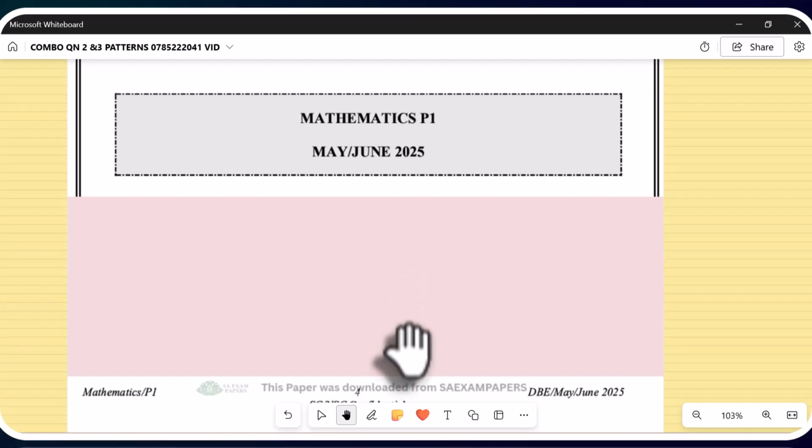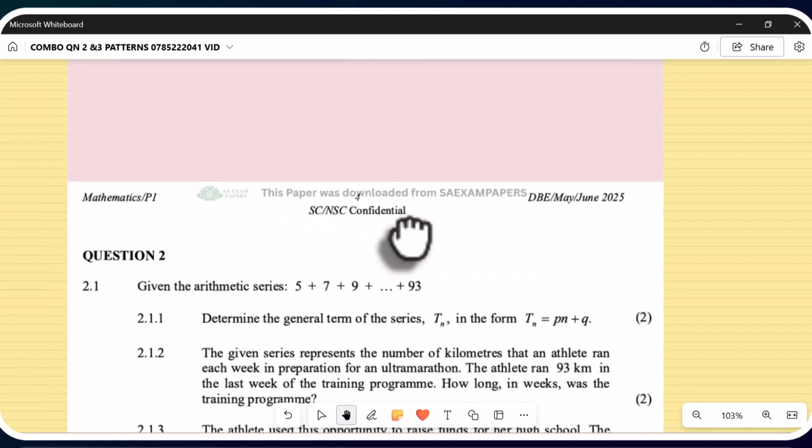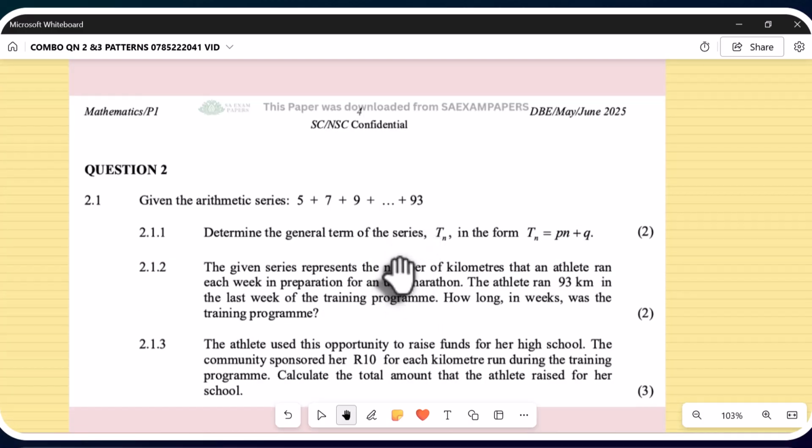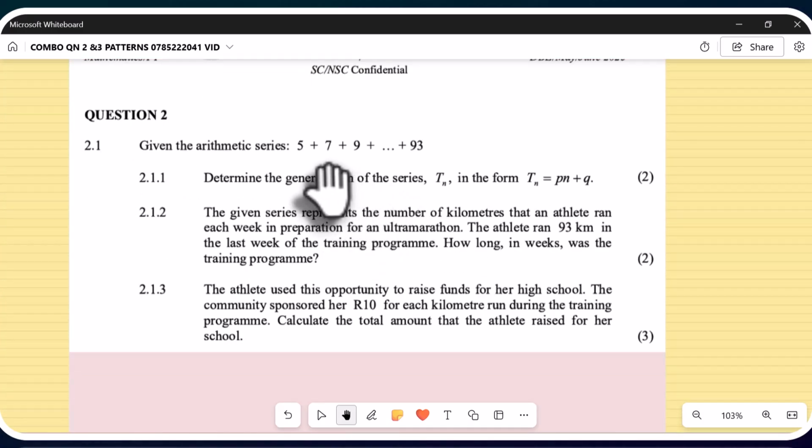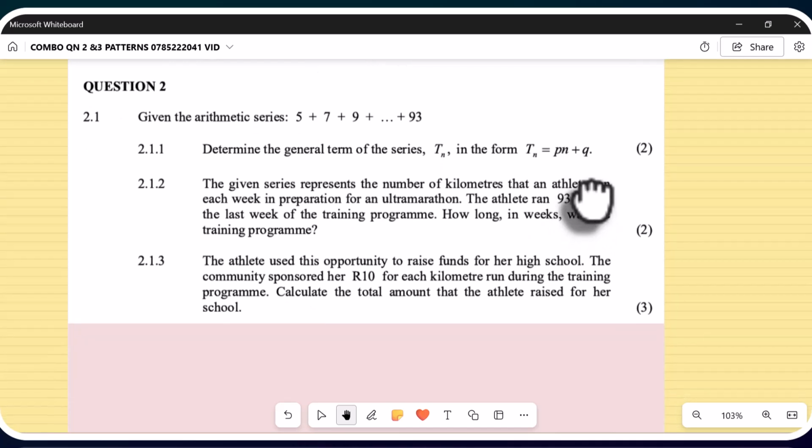Okay, so to get the total amount, it's better to get the total kilometers run. To get total kilometers run, we are going to find the sum, because this was last week you ran 93, and this one being arithmetic, and we have the first term as 5 here. So the best way to do our sum here is to use Sn.